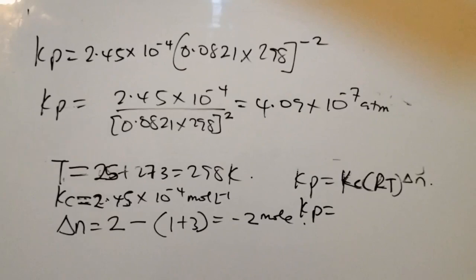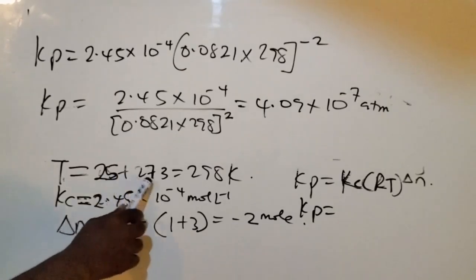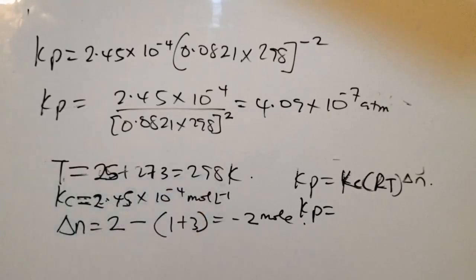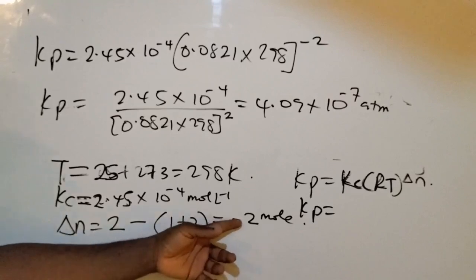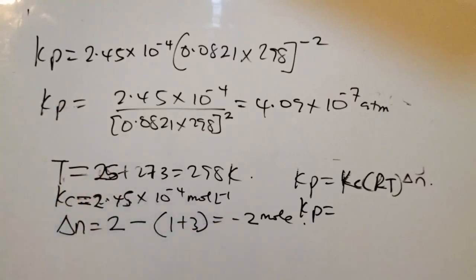Since we have our temperature at 25 degrees Celsius, convert it to Kelvin by adding 273, you have 298 Kelvin. The value of our Kc is 2.45 times 10 to the power minus 4. Then our change in moles, delta n, is 2 minus 4, which is minus 2, from the balanced equation provided.